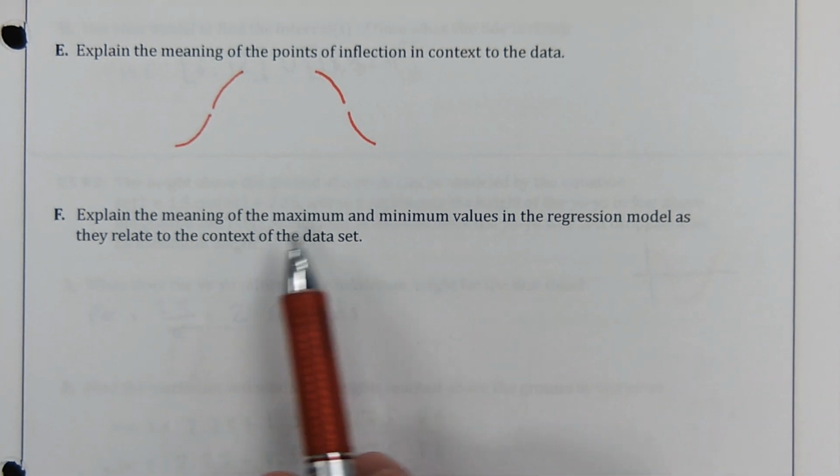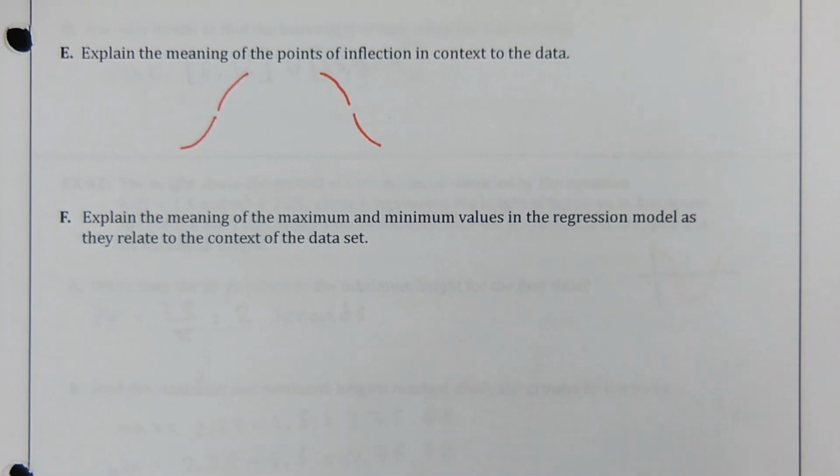And the maximums and minimums of the regression model are literally just the predicted average maximum and minimum temperatures. So there isn't a reason to do another one of them.